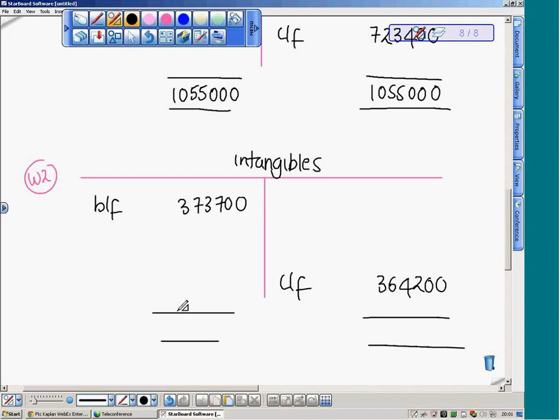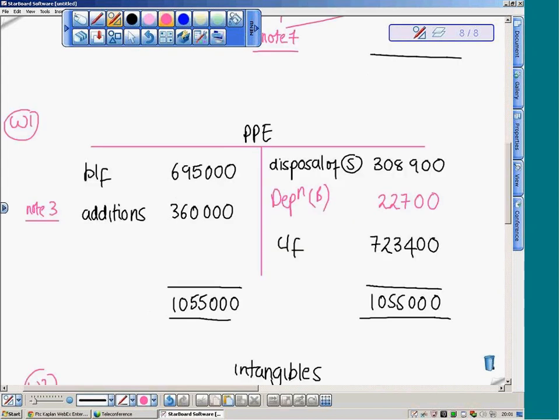Really, what we have is the movement that's going to equate to the charge. Okay, they do tell us in a note that the difference between the intangibles is the impairment charge. Impairment is a non-cash expense. The balancing number there, the 9,500. At this point, I can go and plug that number into my reconciliation statement.